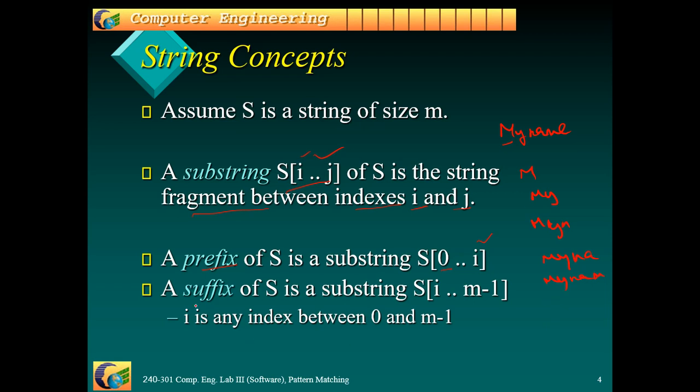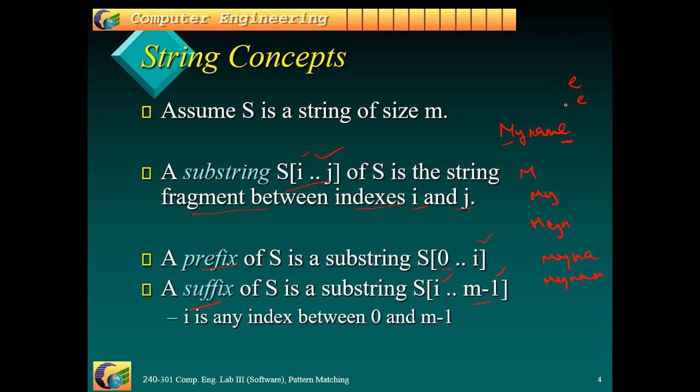Similarly, what do you mean by suffix? Basically, a suffix starts at a certain i but ends with the last character. It should end with the last character. It means simply e is a suffix of "my name".